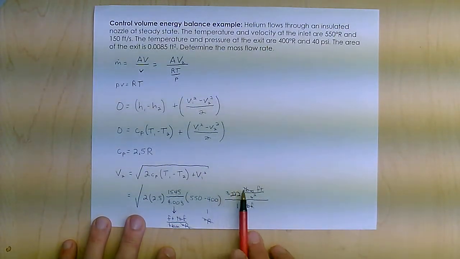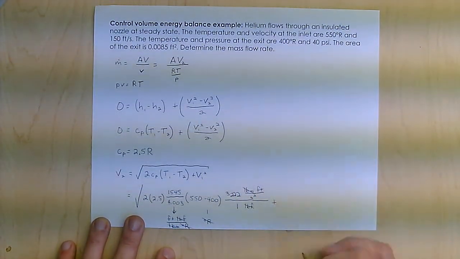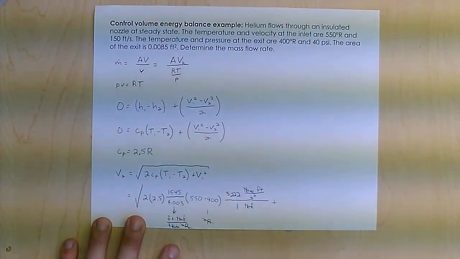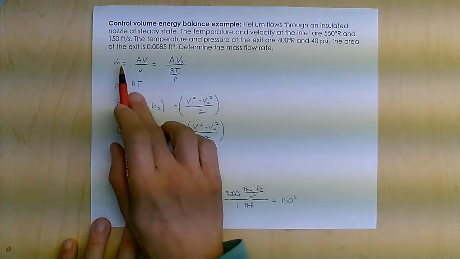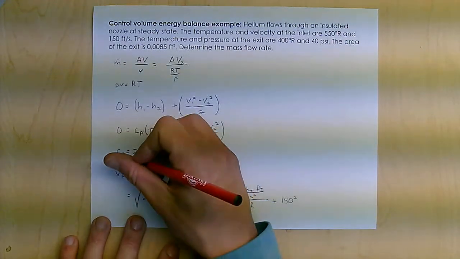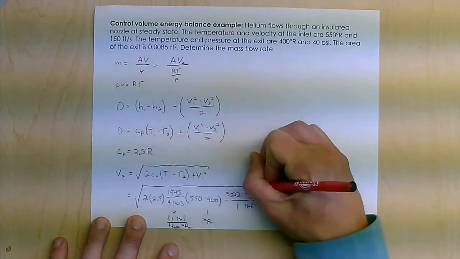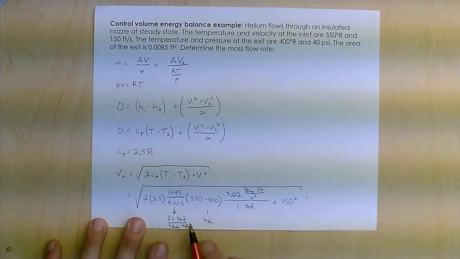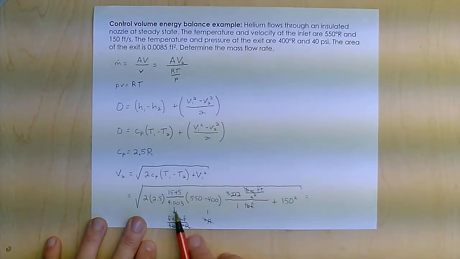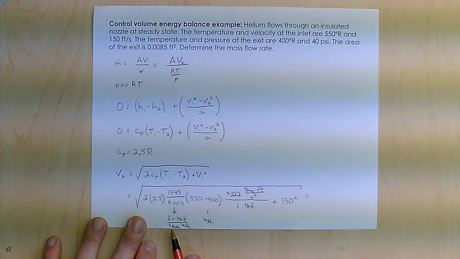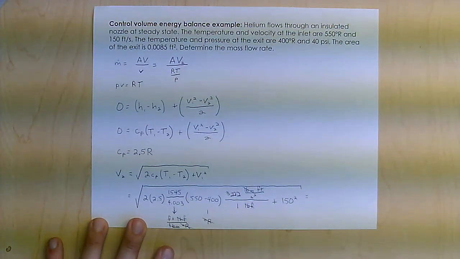So once I have that all in feet squared per second squared, I can go ahead and add 150 squared, because that's the initial velocity. When I plug this whole thing into my calculator, this is R, and then I just need to do this conversion from foot-pounds per pound mass to feet squared per second squared.